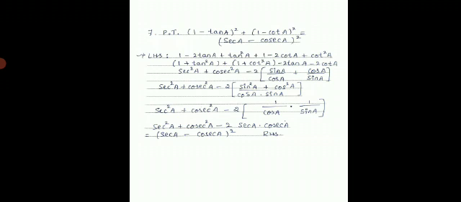So here use the identity a minus b the whole square on both sides. After taking LHS, you get 1 minus 2 tan a plus tan square of a, which is the first bracket expansion, plus the second bracket expansion, 1 minus 2 into cot a plus cot square of a.